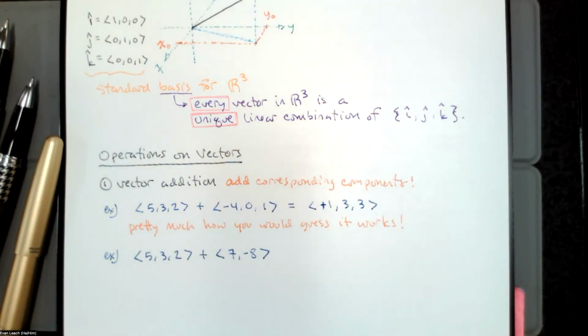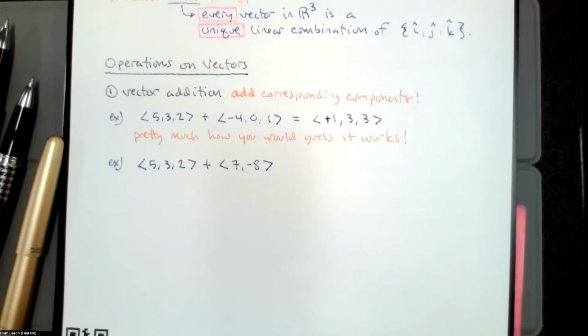Here I have a vector from R3 and another vector, but it's from R2. We cannot add these vectors. They don't have corresponding components. They are not the same things. It's like trying to say $5 plus 7 pencils. How much is that? That's not 12 of anything. We can't add those things. They're not the same.